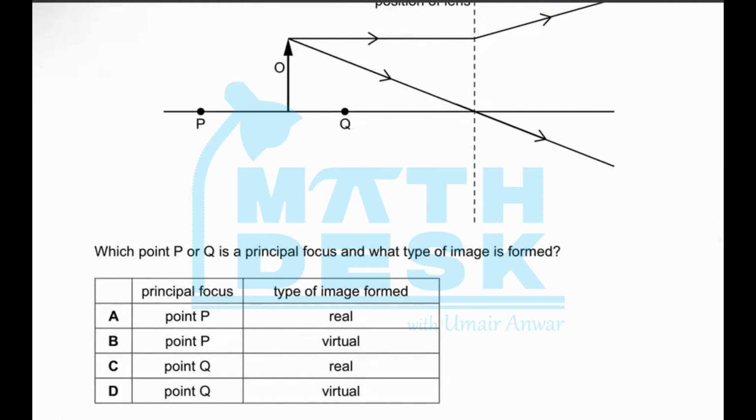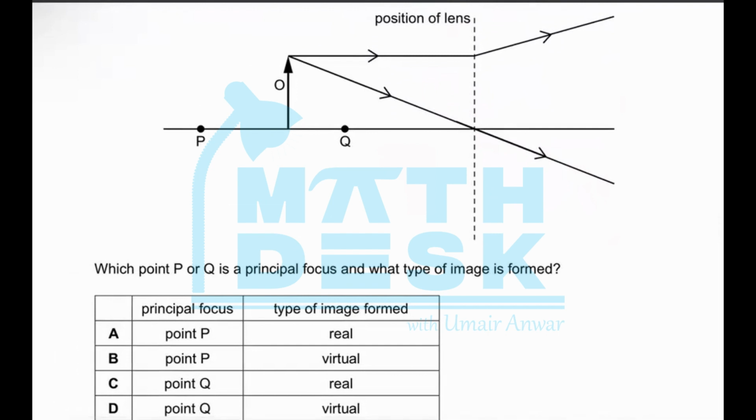Now, the question is which point P or Q is a principal focus and what type of image is formed? Now, talking about the type of image, since it is a diverging lens, always a virtual image is formed. And which point is the principal focus? For that, we would be extending this ray backward.